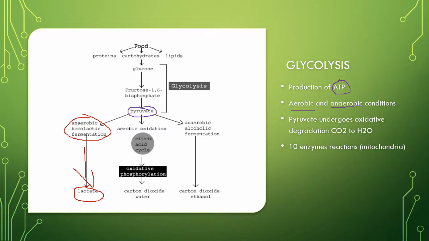And then we have another one for anaerobic, which is alcoholic fermentation. That is where carbon dioxide and ethanol, or alcohol, are made, and for lactate, it is lactic acid.